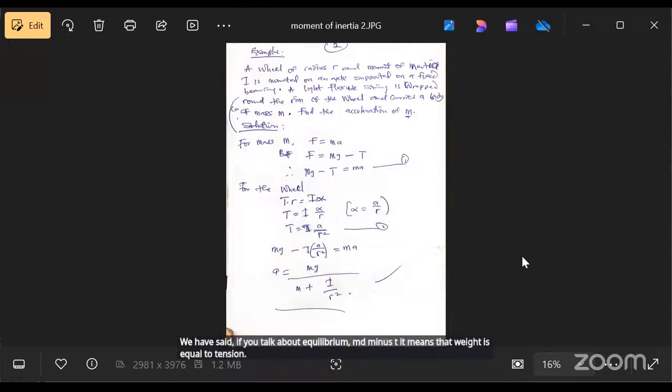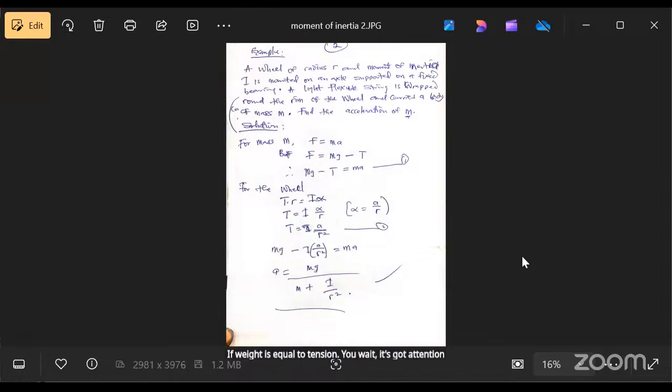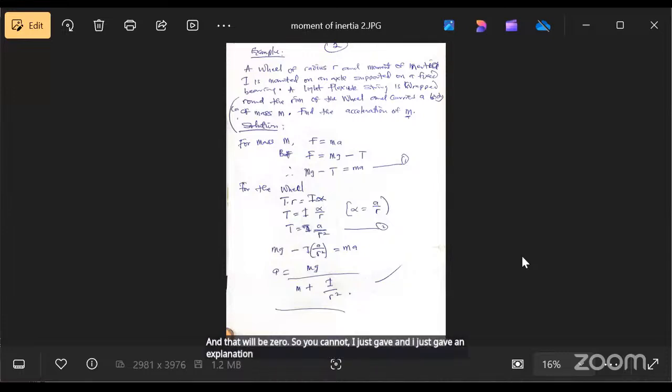If weight is equal to tension, mg minus T will be 0. I just gave an explanation, not a question, so you can't ask me that way. That one will lead you to 0 straight. Thank you, sir. Understood, sir.